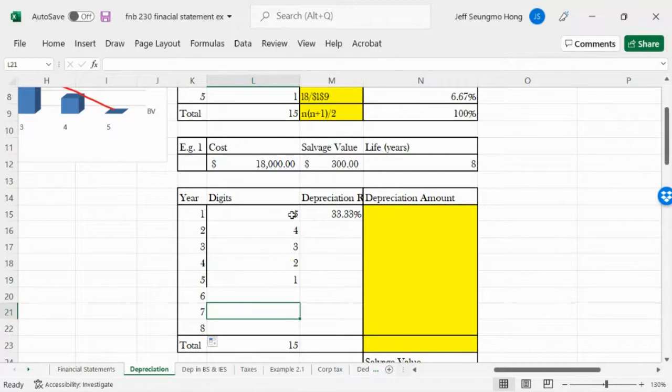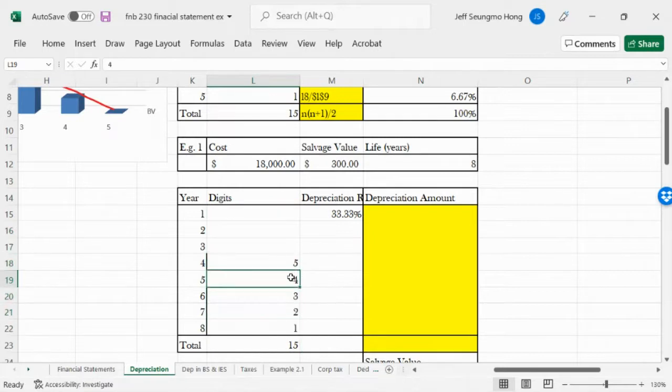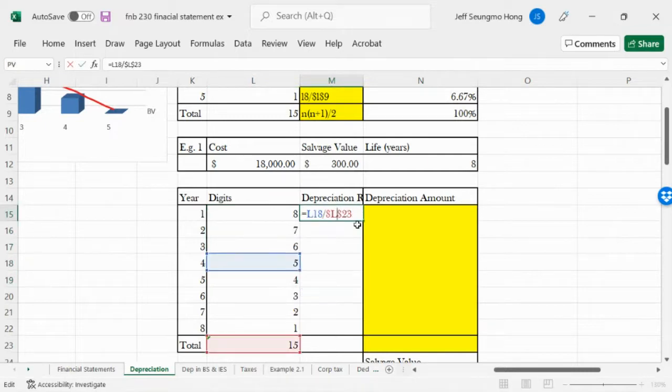Okay, and then I will need to, okay, then this should be L15, and then, okay, and then I'll drag it down.